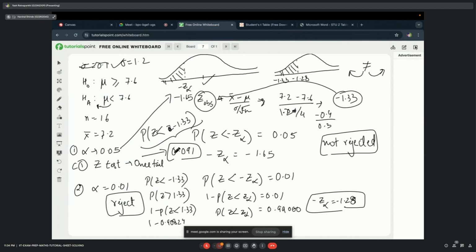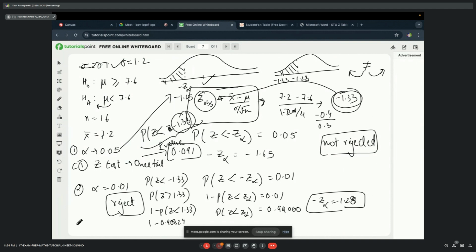That is the p-value for question number 1. I believe you will calculate for the second case also, right? You have the same point, so we do not need to calculate again. In both the cases it is 1.33 only. Alpha is changing, not z observed.